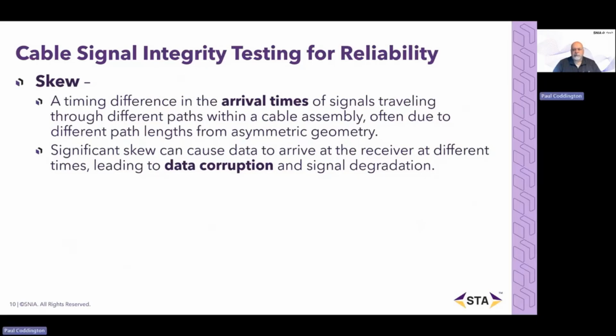As data rates increase, so does the importance of limiting skew. Too much skew can cause data to arrive at the receiver at different times, leading to data corruption and signal degradation.